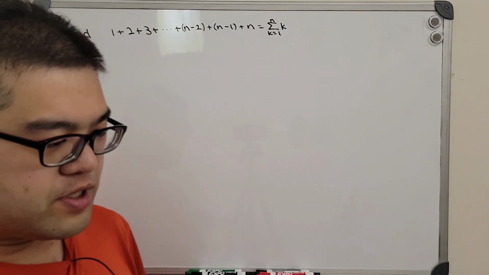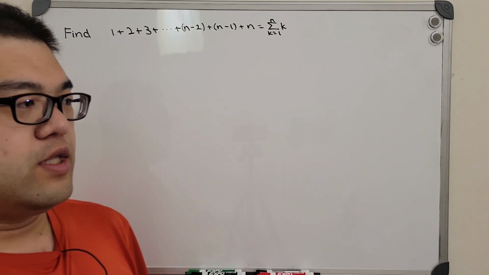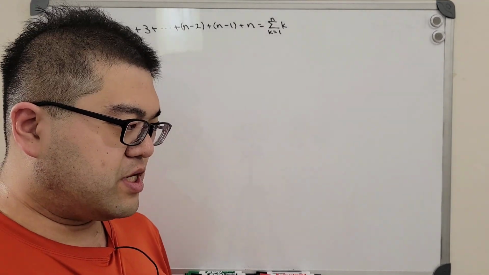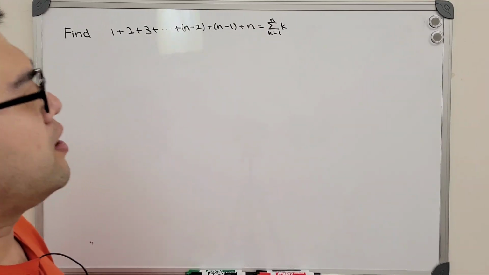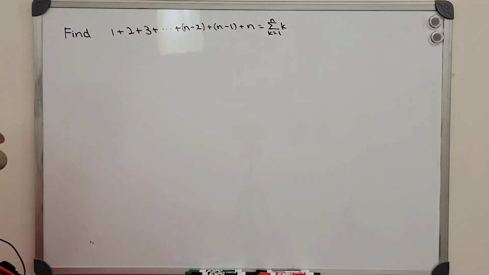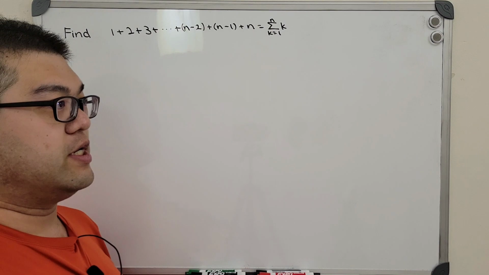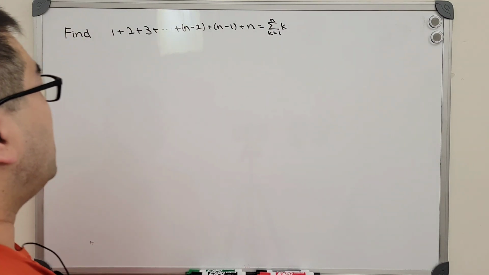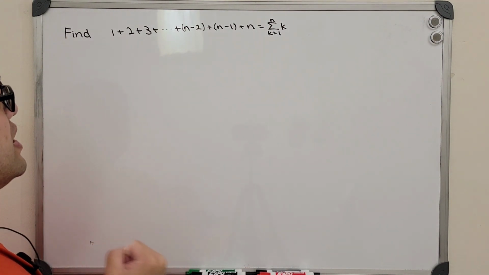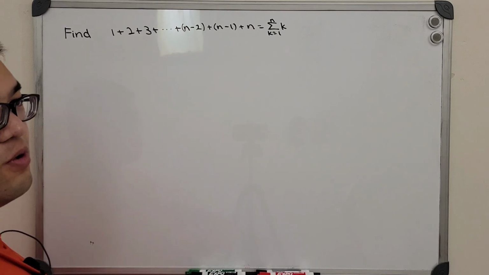This first method was found by the mathematician Gauss, who tried to add up the first 100 terms when he was 9 years old. And in general, we can still use the same method.